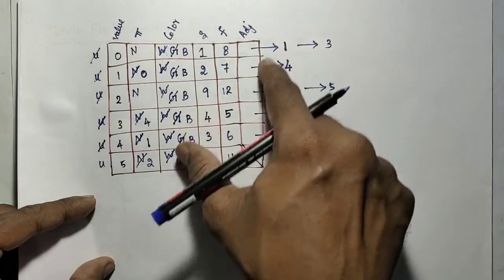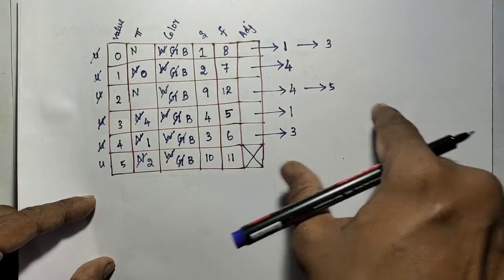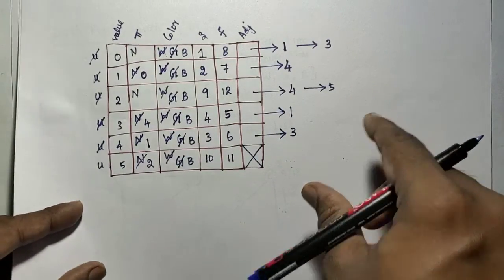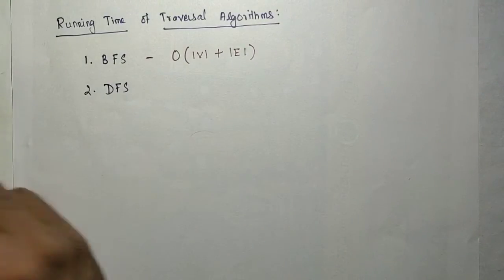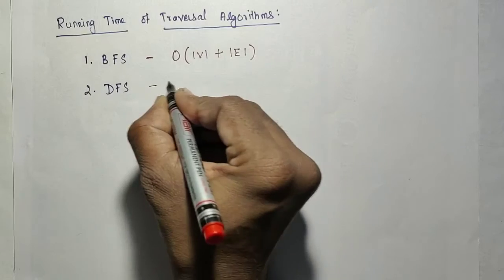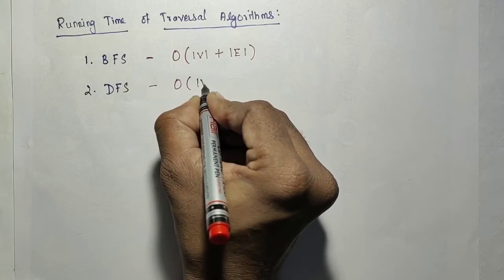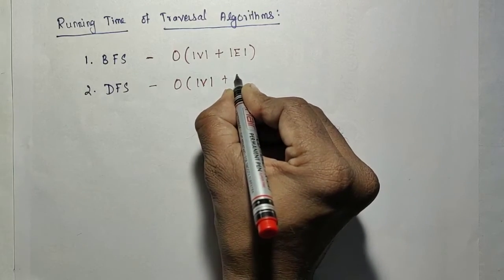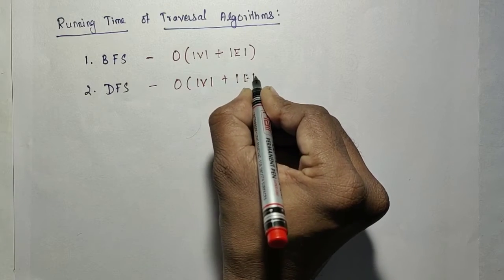This is the number of elements, which is equivalent to the number of edges. So this complexity is also big O of number of vertices plus number of edges.